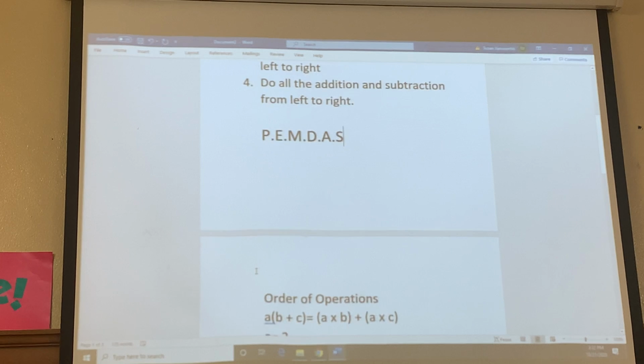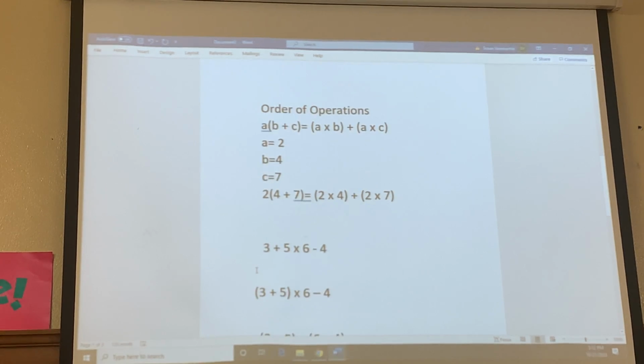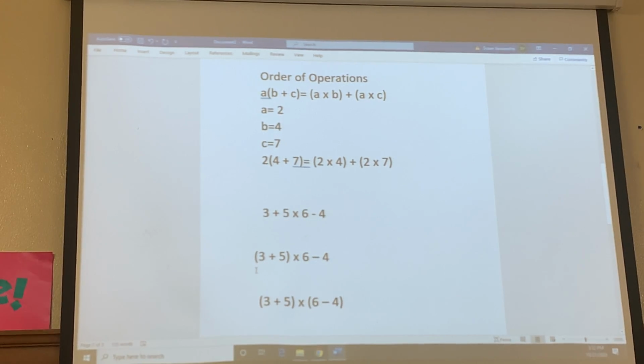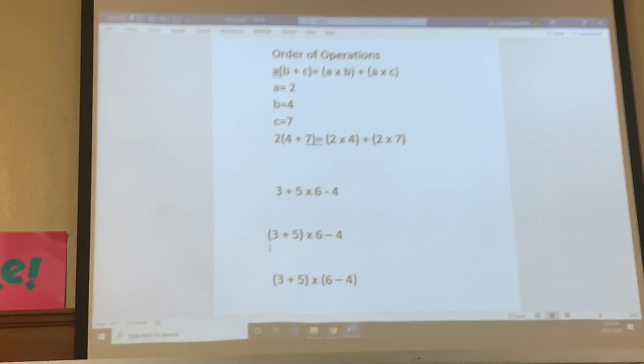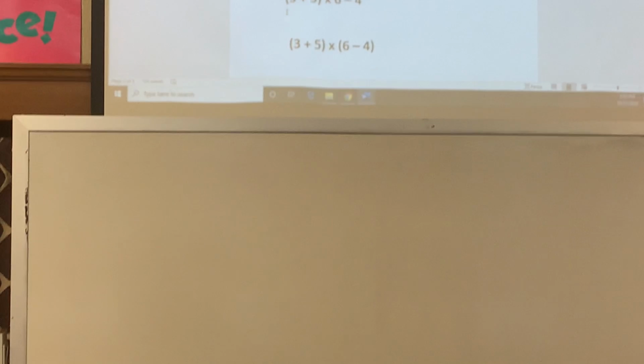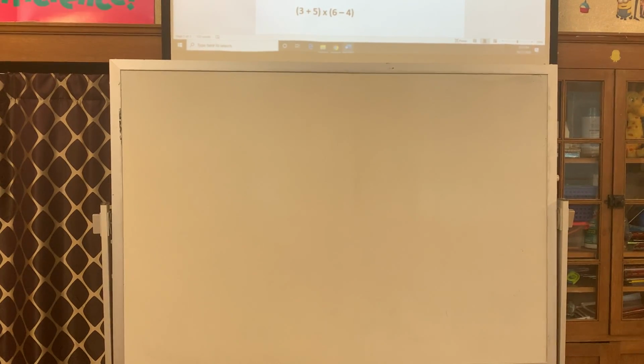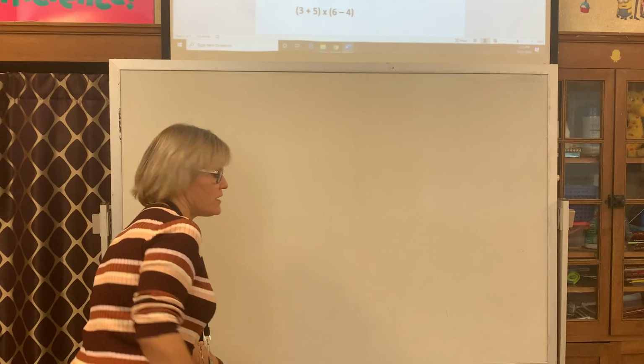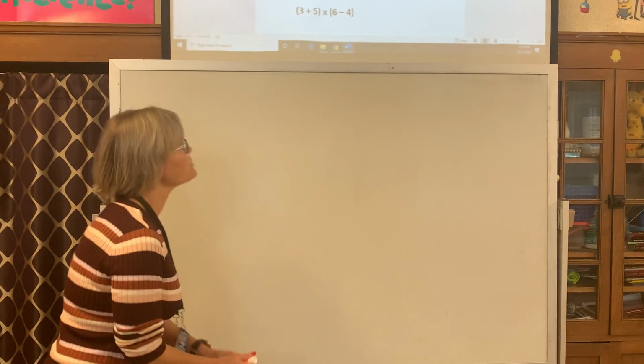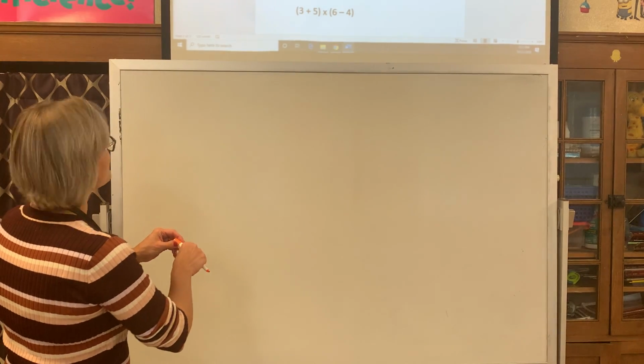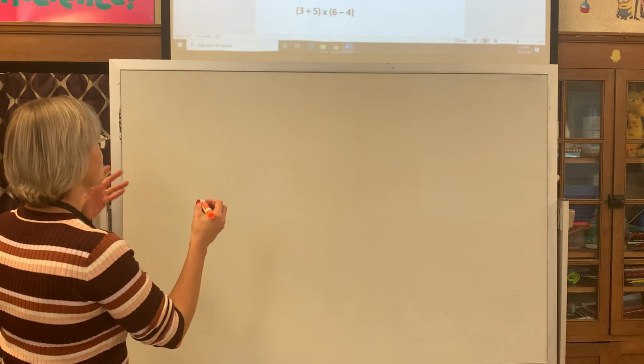I'm going to scroll the computer down, and I'm also going to scroll my camera down so that I can do some writing on my whiteboard and we can talk about some examples. We've got an equation that can show the order of operations and how we figure this.